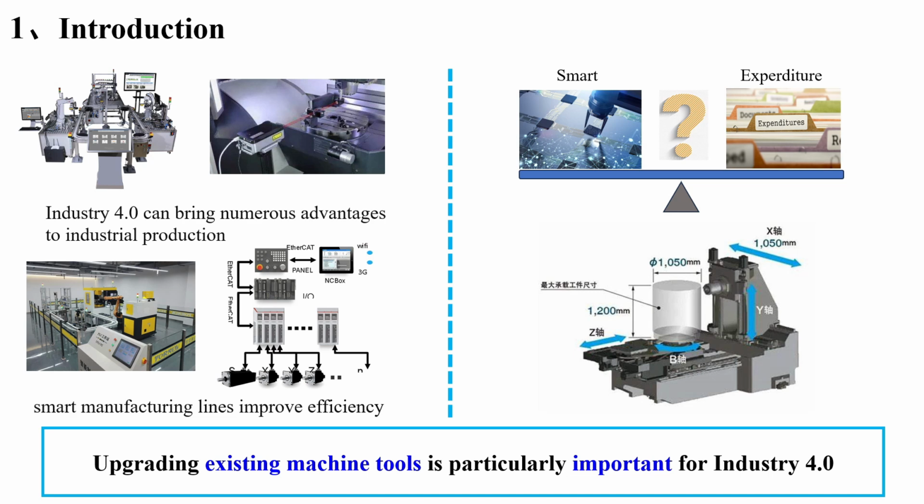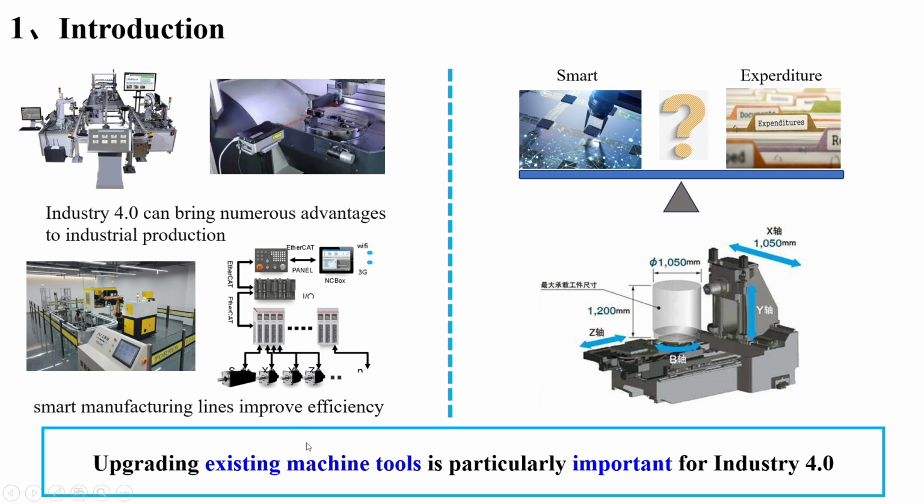However, one critical aspect that has been overlooked is the presence of a large number of small and medium-sized enterprises in China. These enterprises often cannot afford the cost associated with transitioning to intelligent manufacturing. The high expense of sensors and systems greatly slows down the pace of smart manufacturing.